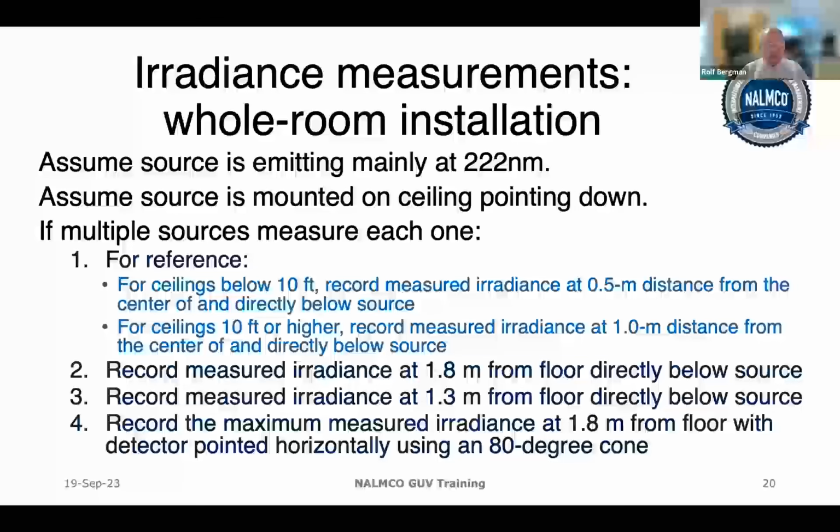up at the source. We also want to make the measurements at 1.8 meters from the floor with the detector now pointed horizontally. Now it's actually 90 degrees with respect to the source. And you also want to have an 80-degree cone, if possible, on the detector.